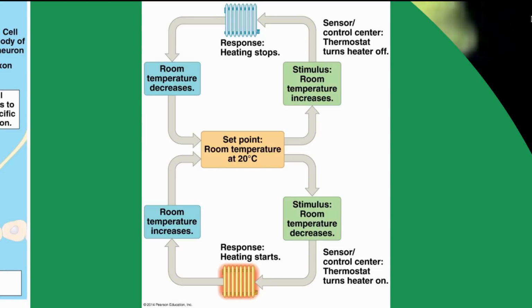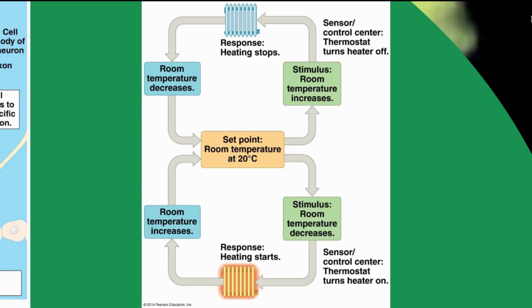These hormones work in these feedback loops, and they will often work in pairs. Right? The general example that we use a lot to talk about these feedback loops is heating and cooling a house. Okay, if we start at a certain set point where we want the temperature of the house to be, if the temperature falls below that, then the thermostat will turn the heater on, the temperature goes up, and that turns the heater back off.